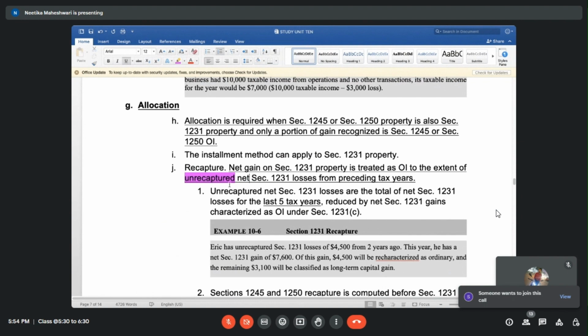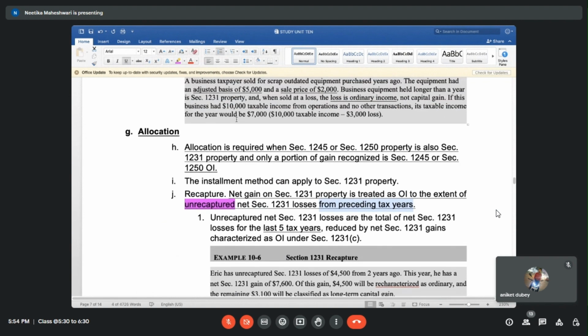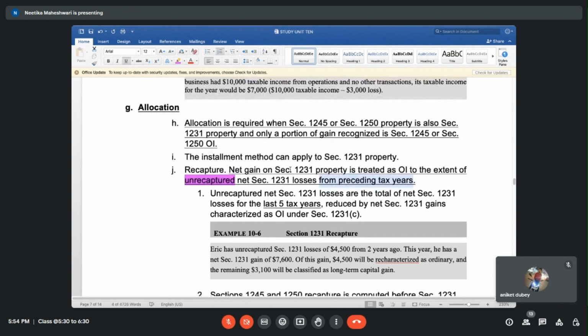So unrecaptured section 1231 losses from preceding tax years: if there are such losses and we have not recaptured them, and later on there is a gain in a subsequent year, then to the extent of these unrecaptured losses, we take the previous years' amount as ordinary income.